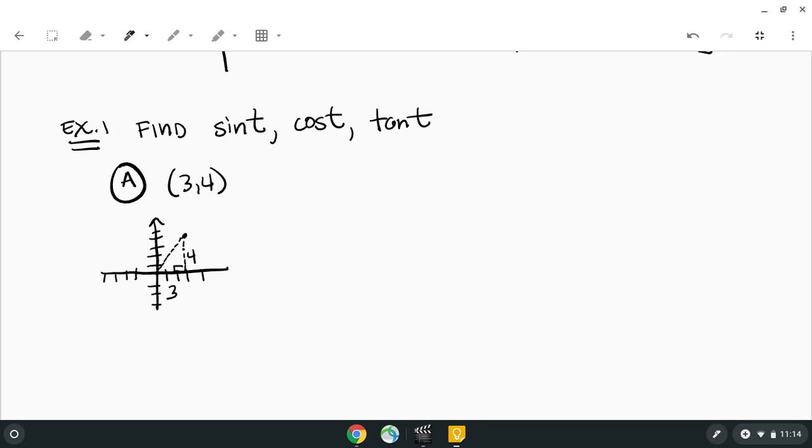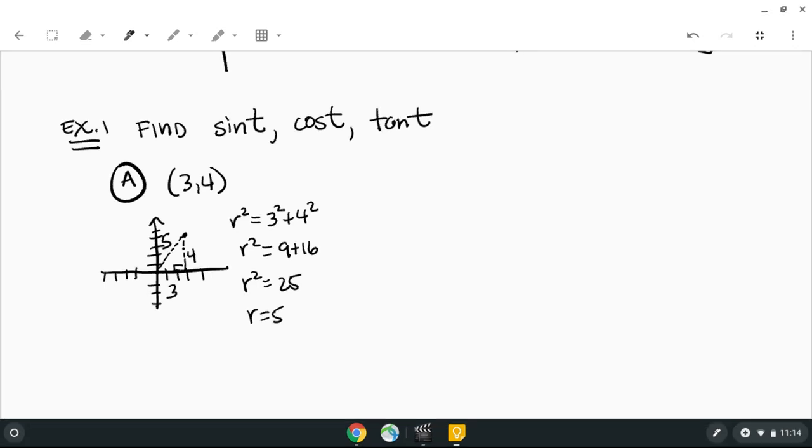You can find that side using the Pythagorean theorem. So to find that radius, that's just going to be 3 squared plus 4 squared. Okay, so r is equal to 5.